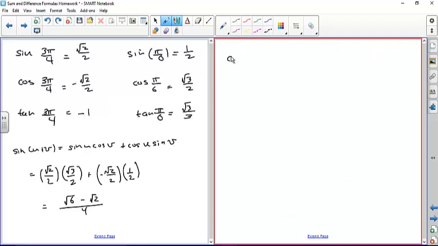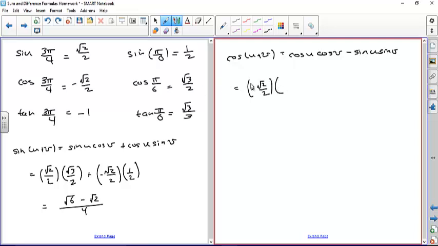Okay, then you get the cosine of u plus v from the sheet. Cosine of u, cosine of v, minus sine of u, sine of v. So the cosine of u is negative the square root of 2 over 2.